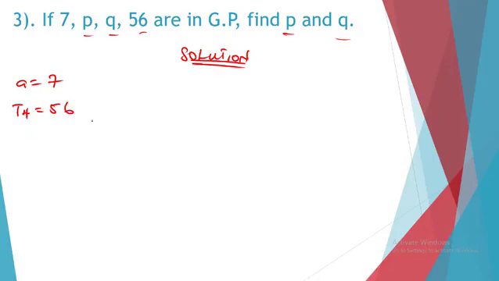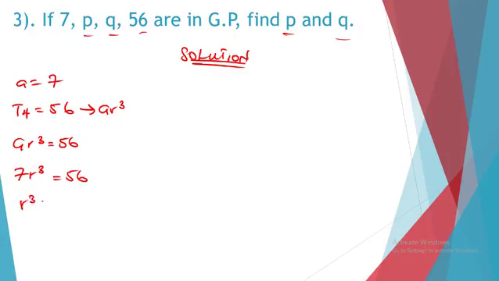And T4 is given to be ar raised to power 3. So that means that ar^3 is equal to 56, but a is given to be 7. So 7r^3 is equal to 56.